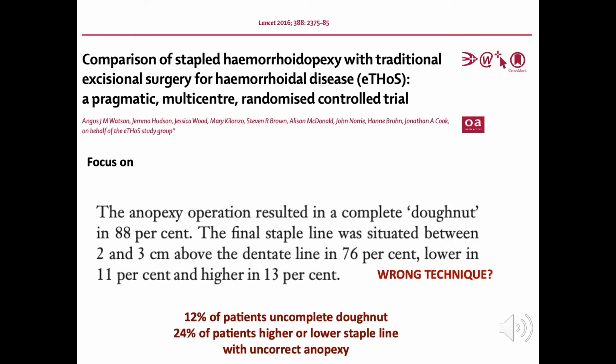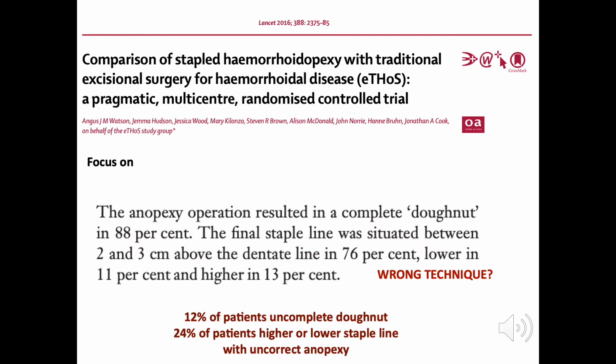And some focus on the type of anopexy: we see that the anopexy operation resulted in a complete donut in the specimen in 88%. So 12% of patients did not have a complete donut. And the final staple line was situated between 2 and 3 centimeters above the dental line in 76%.